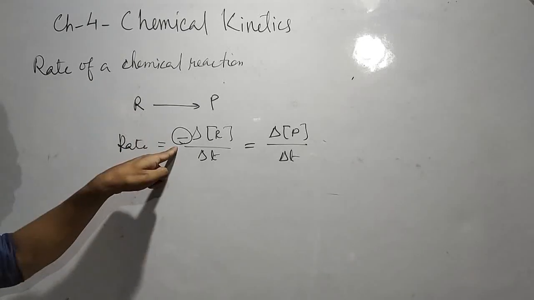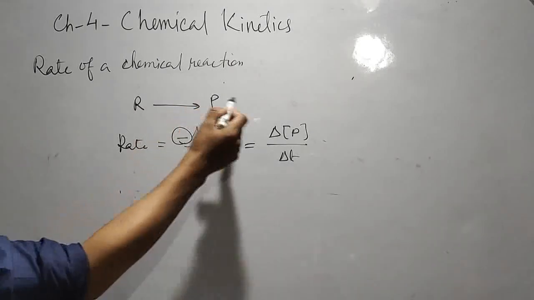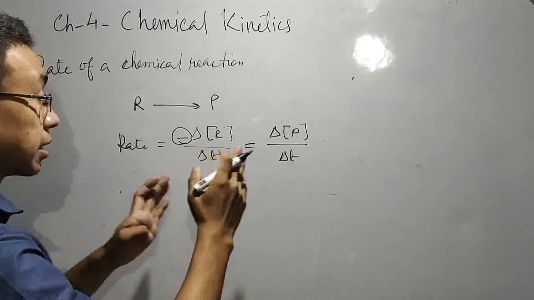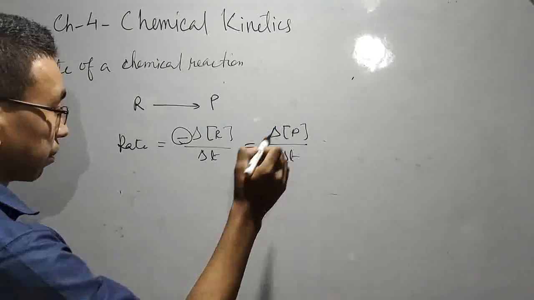That's why we show it by minus sign. In case of the product, the concentration of product increases with time during the chemical reaction, that's why we have plus sign.